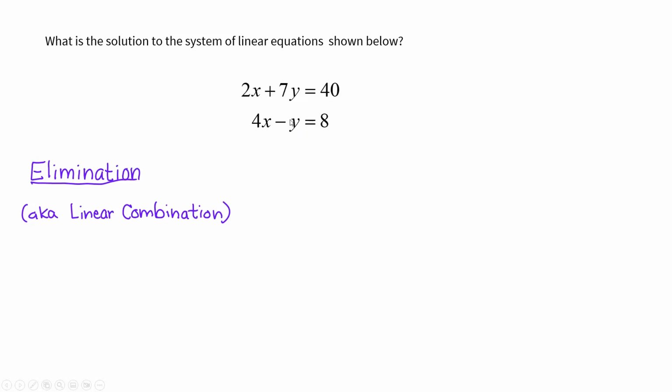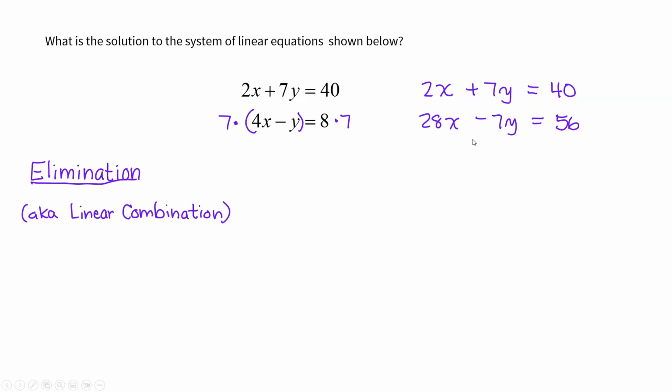But I can't just change the one variable in the equation. I have to multiply both sides by 7 to get the minus 7y I want there, and keep the equation essentially equivalent. So the top is unchanged, and the bottom becomes 28x minus 7y equals 56.